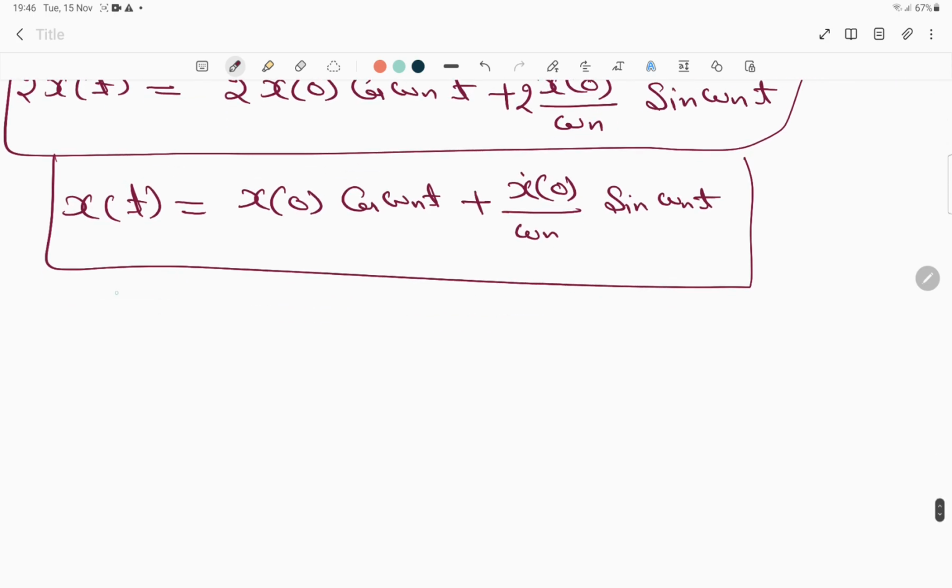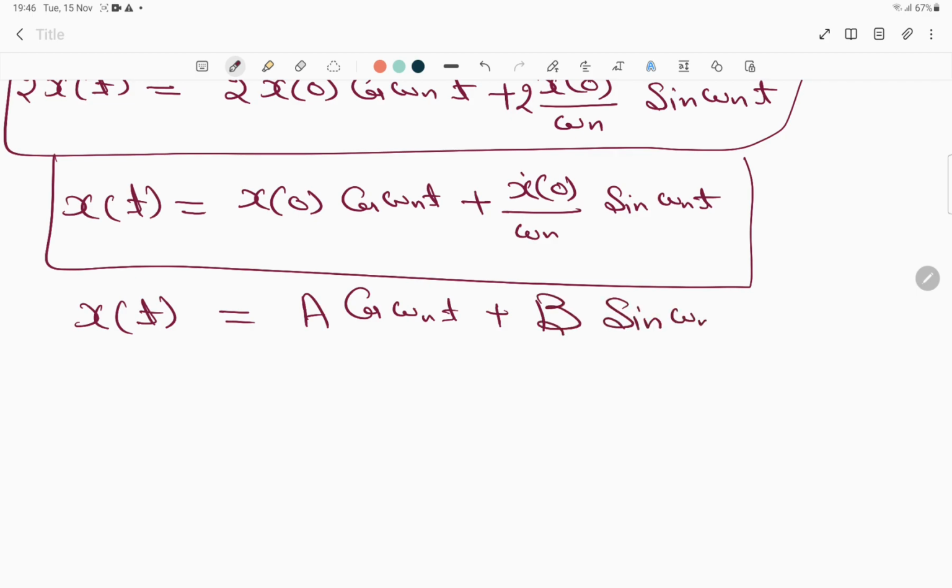Now I can write it simply as a cos omega nt plus, let me write, because I have already written a over here, b sine omega nt.